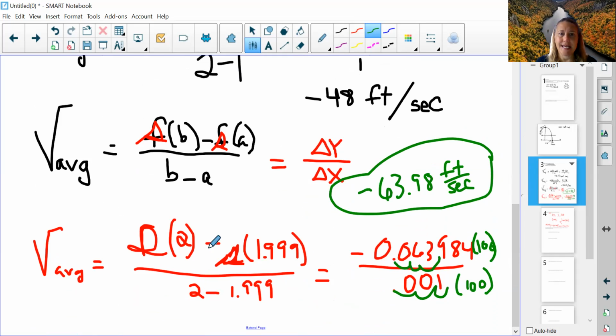Since my velocity formula requires me to use 2 points, I just picked a point really, really close to the point I was actually interested in. If this is reminding you of limits, that's great, because eventually we're going to learn how to find not an average velocity, but an instantaneous velocity. And that's going to involve limits. All right, so let's stop now and take a break.